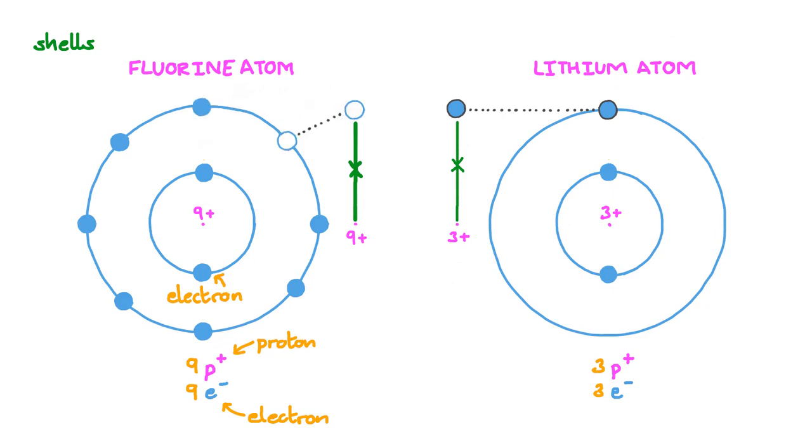If the lithium and the fluorine atoms get close together, this outer electron of the lithium atom has 2 possible configurations. Being on the lithium atom, being weakly attracted to the 3+ nucleus, or being on the fluorine atom, forming a fluorine ion, strongly attracted to the 9+ nucleus.